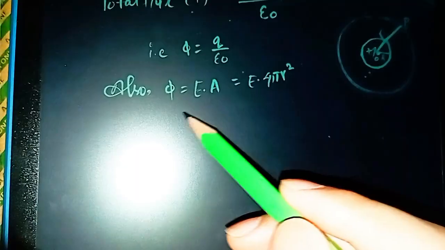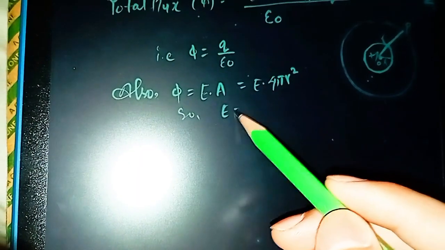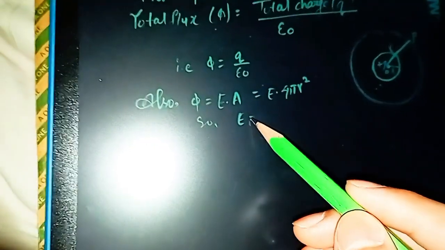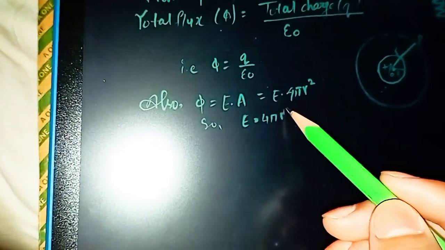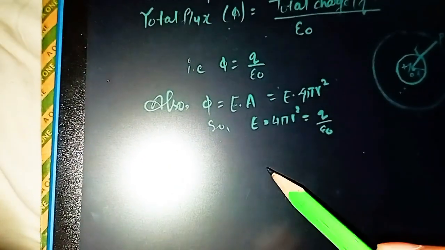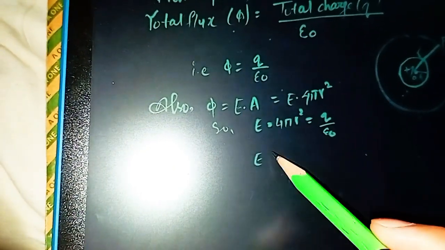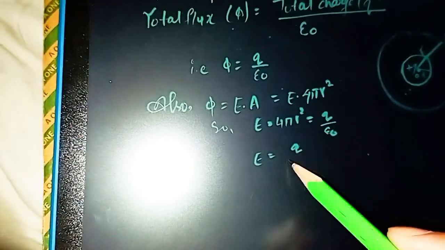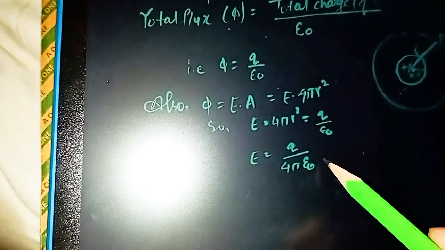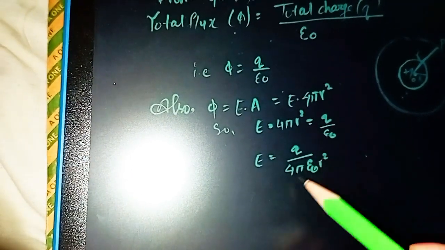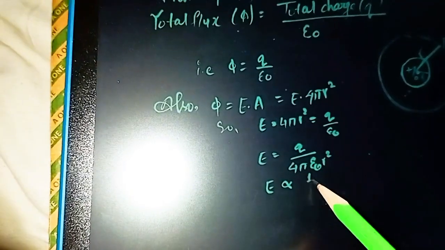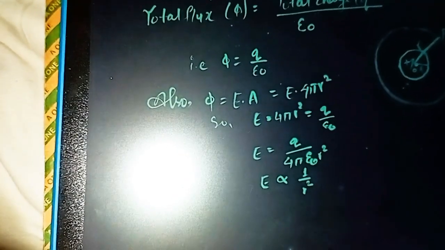So now we can write E dot 4 pi r square is equal to Q by epsilon naught, so E is equal to Q by 4 pi epsilon naught r square. And from here we can conclude that E is directly proportional to 1 by r square.